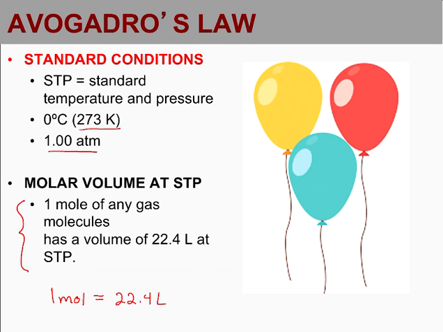So again, let's say we're using argon, nitrogen, and oxygen gases, and we're going to fill up separate balloons with each of those gases. So let's say we fill one balloon with argon, one balloon with nitrogen, and one balloon with oxygen. Now, let's say we put 1 mole of each gas into these balloons.